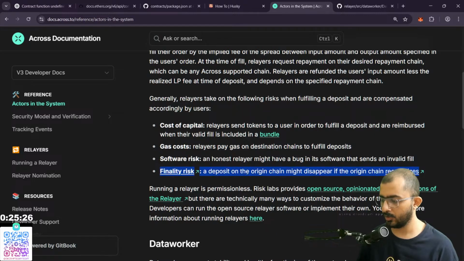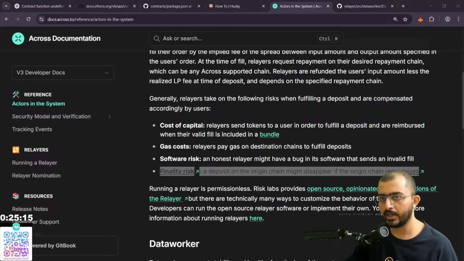This part is actually the issue. If you have uncle blocks, then it will create an issue: if you fill the intent and then the chain reorganizes, you lose your money.